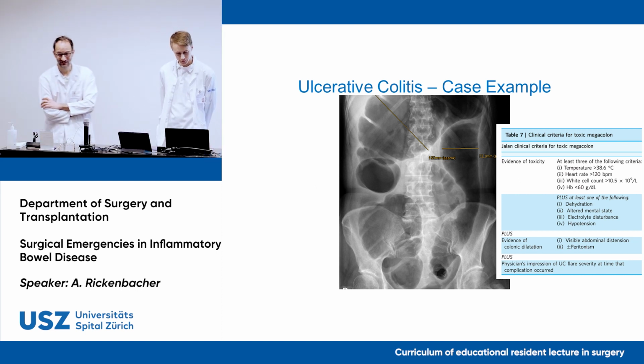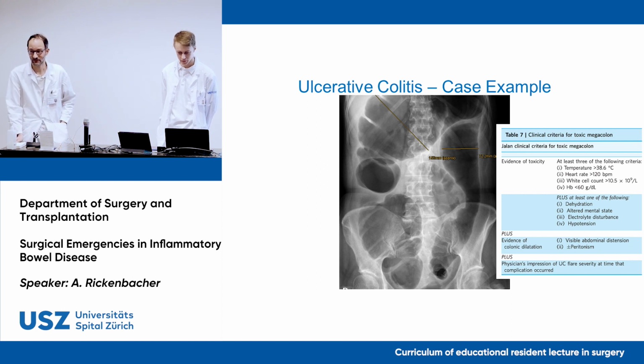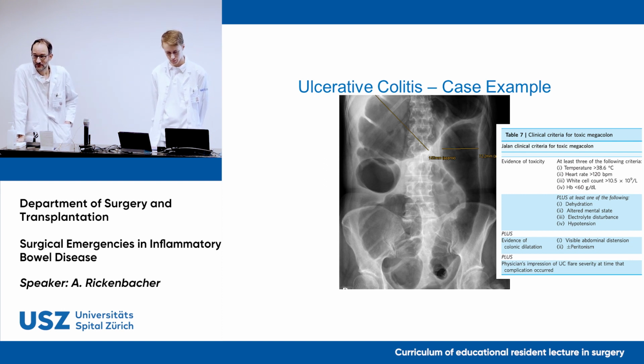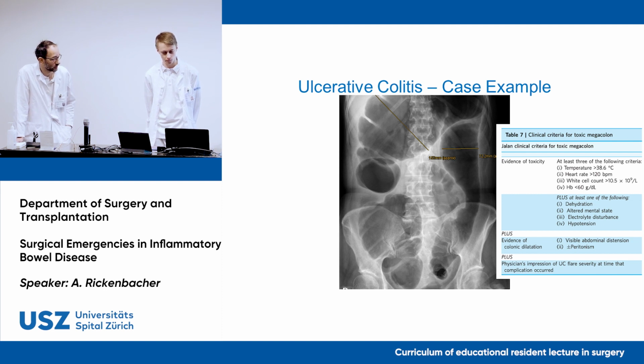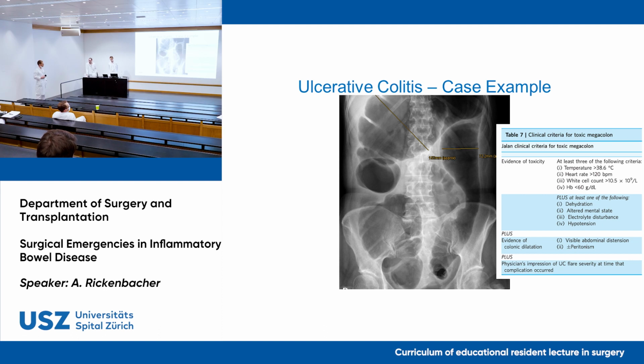It's a tricky case. I think the clinical situation is very important, and I think we should not wait too long. Rather take out the colon in such a situation than risk a perforation. We had a similar patient just a few weeks ago, and there were quite a few discussions, and we actually put a note into the chart of the patient saying, in our opinion the indication is there.